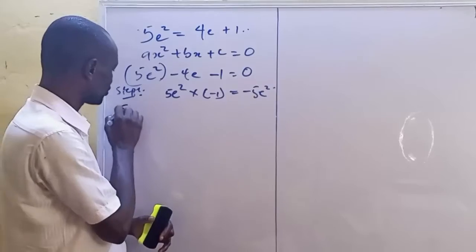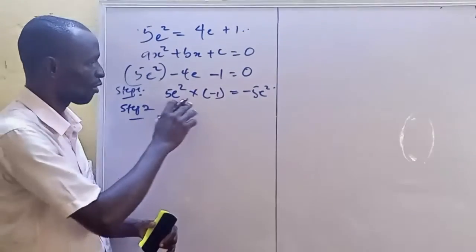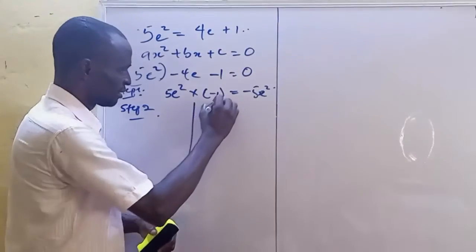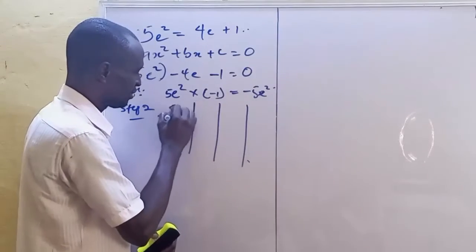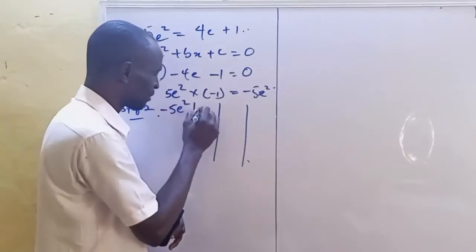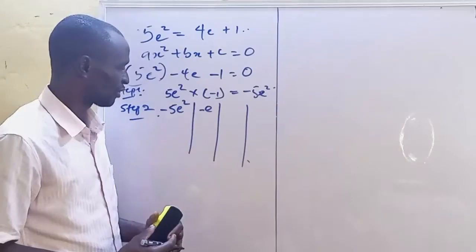Step 2: I'll be looking for the factors of minus 5e squared. The first one I want to pick is minus e. Minus e times 5e gives me minus 5e squared.